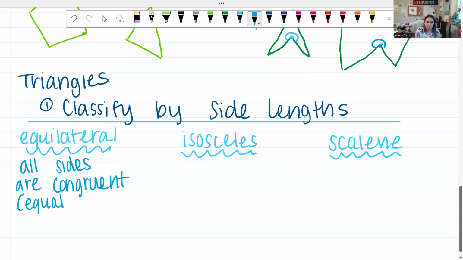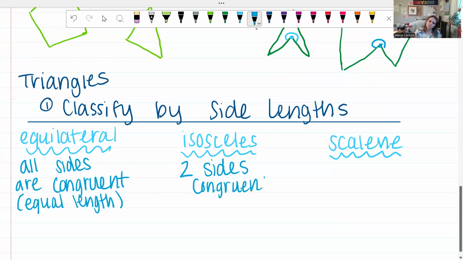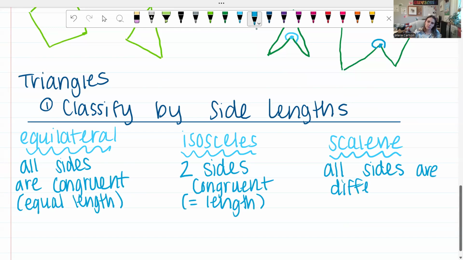They all have the same length. In an isosceles triangle, two of our sides are congruent, or two of them have that equal length. And in a scalene triangle, all of our sides have different lengths.